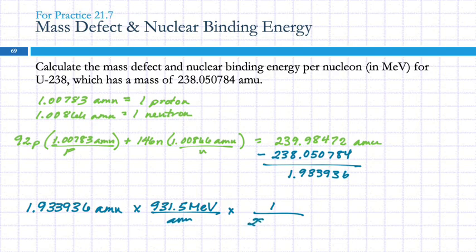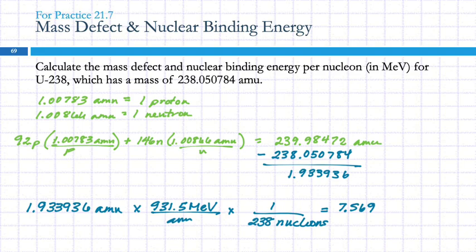It's the mass number. Okay, that number times 931.5 divided by 238. So 7.569 mega electron volts per nucleon.